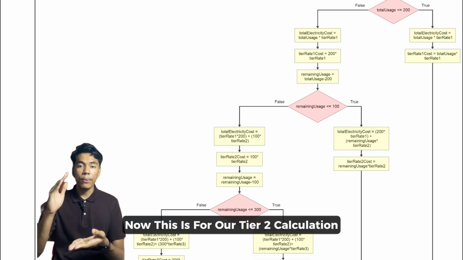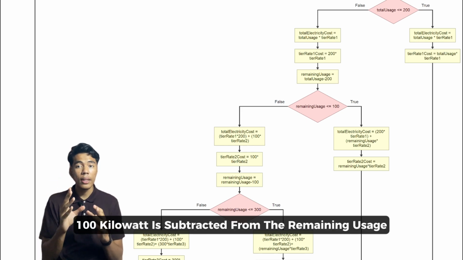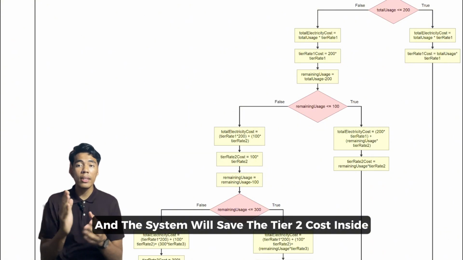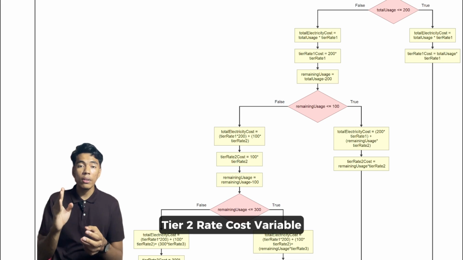Now this is for our tier 2 calculation. 100 kilowatt is subtracted from the remaining usage, leaving the remaining usage as 1000 kilowatt. And the system will save the tier 2 cost inside the tier 2 rate cost variable.